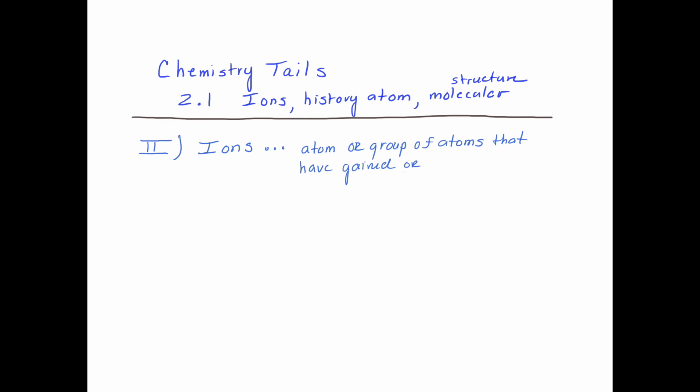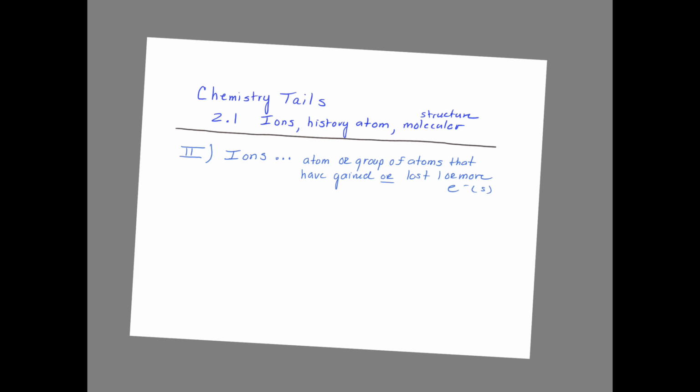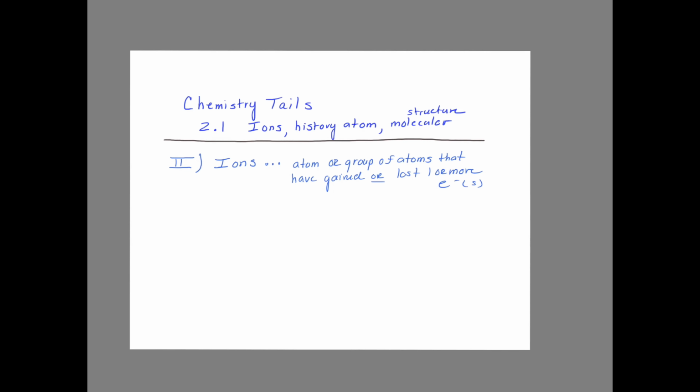So we wish to review predicting the symbol for ions, whether it's a positively charged cation or a negatively charged anion. And then we're also going to review predicting the number of protons, neutrons, and electrons in an ion. Let's start with cations.